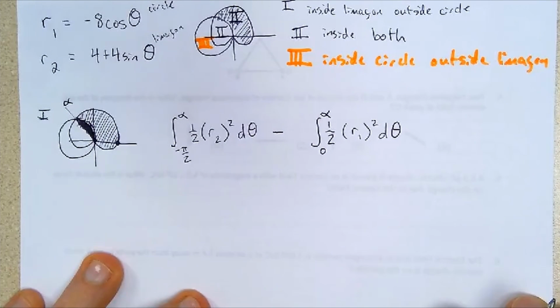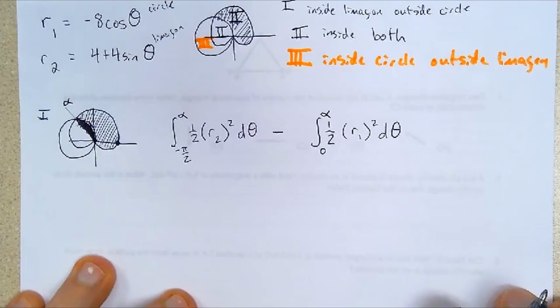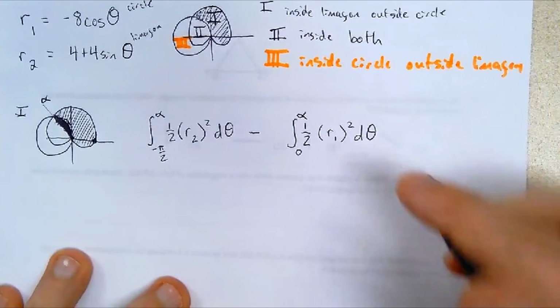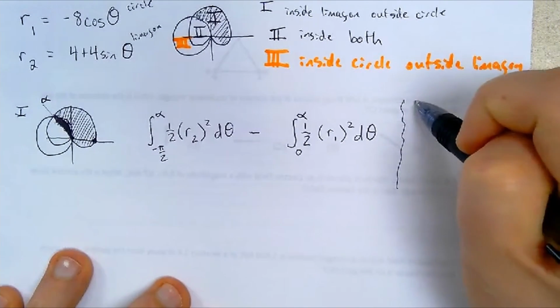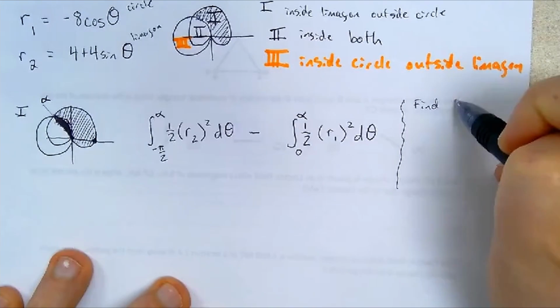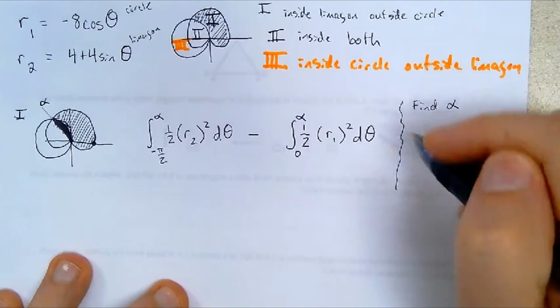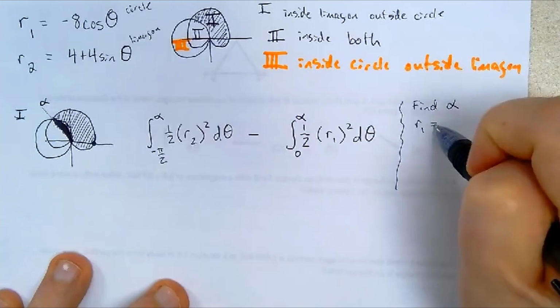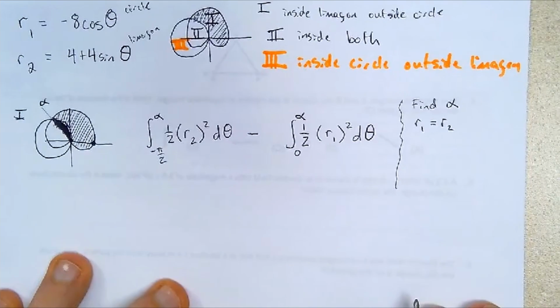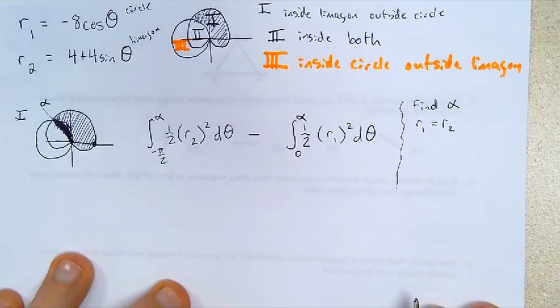We of course need to know what the value of alpha is. So if we were to sidestep over here to determine what alpha is, that would be setting R1 equal to R2 and finding the points where those two curves intersect.